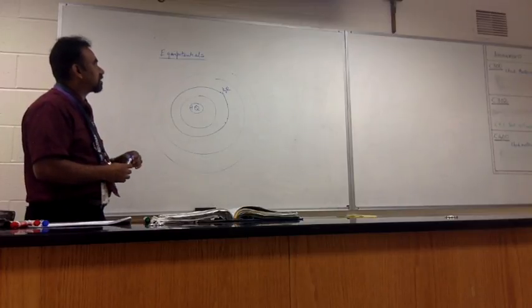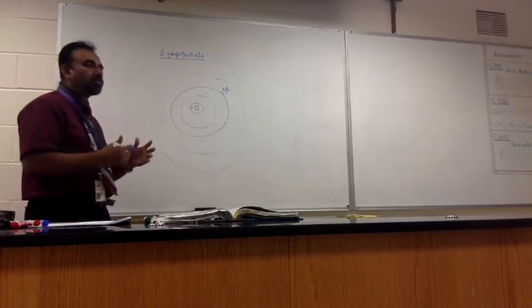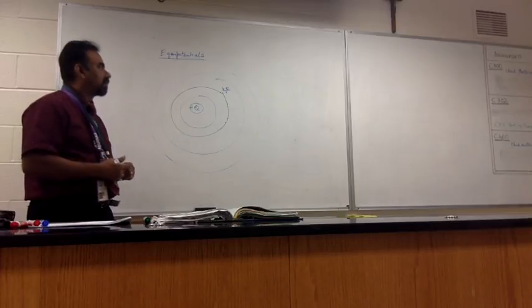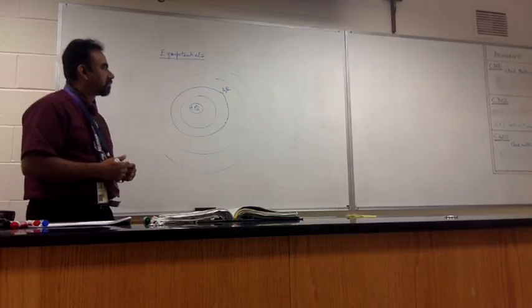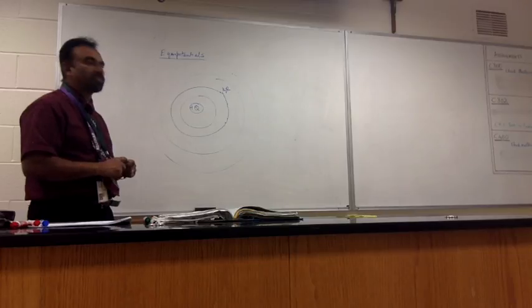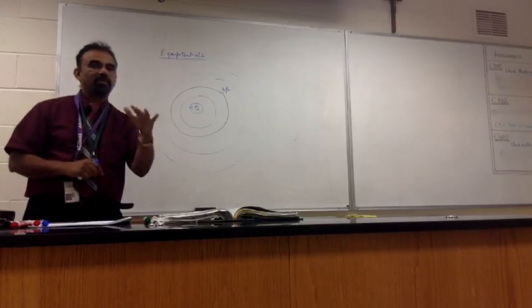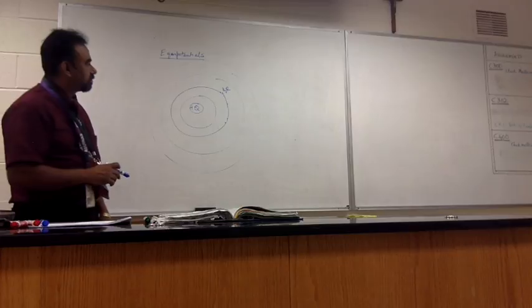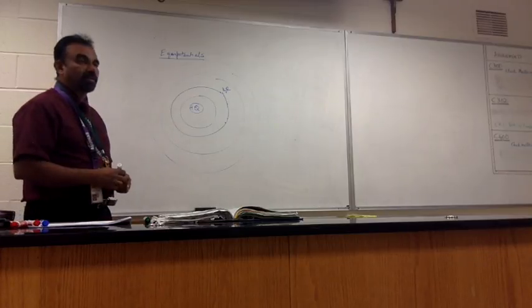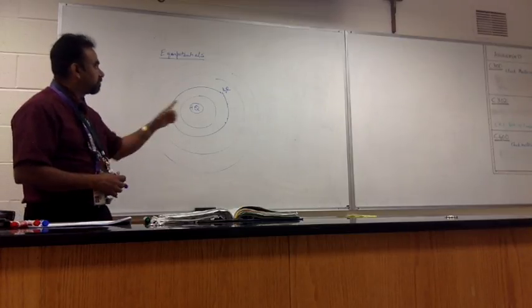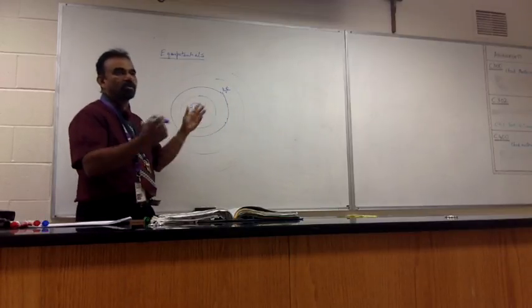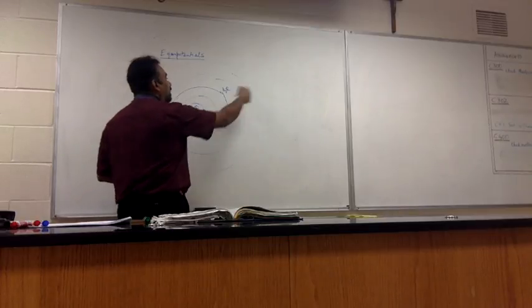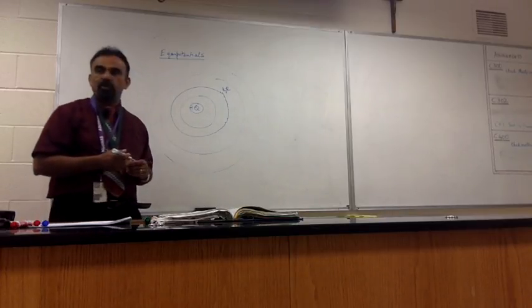So equipotential surfaces or lines are lines or surfaces formed by connecting all the points having the same potentials, and you can see that there are an infinite number of them. Now, which of these potentials is higher? The closer one is higher, obviously, and the other one is lower.